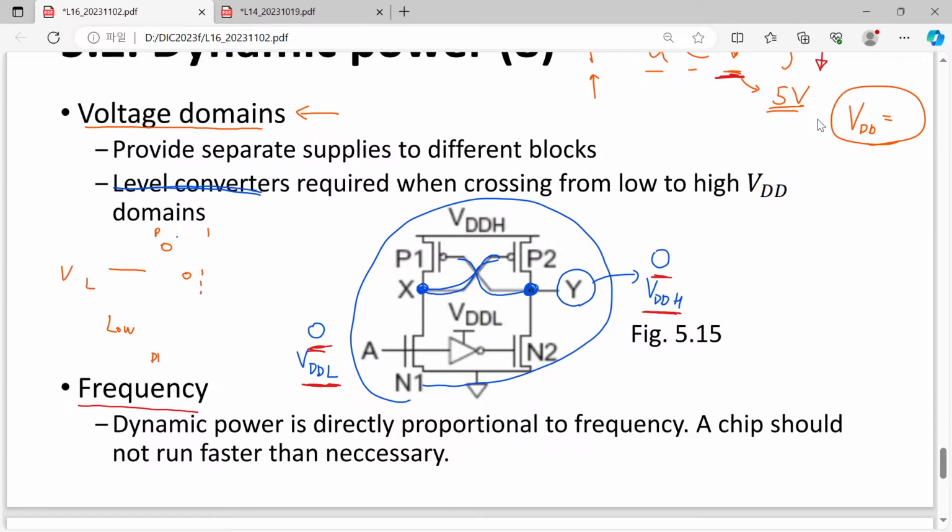However, since dynamic power is directly proportional to the frequency, please do not overclock your chip. A chip should not run faster than necessary. There are some gaming geeks who really want to run their game under the best condition they can achieve.